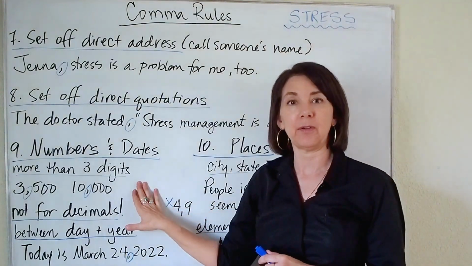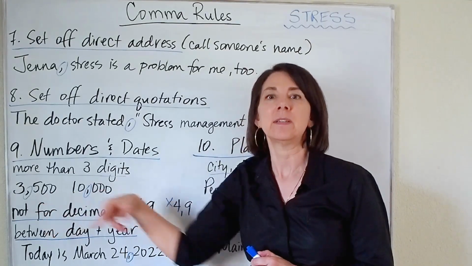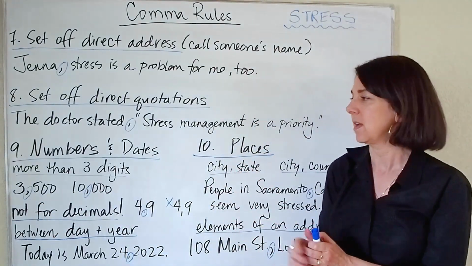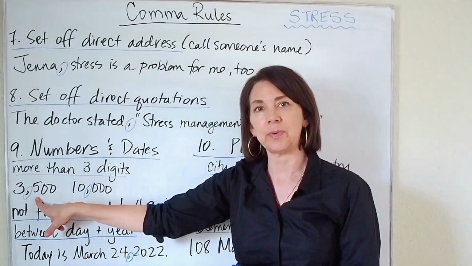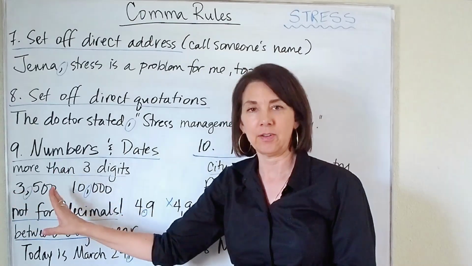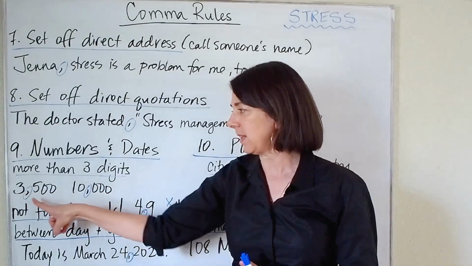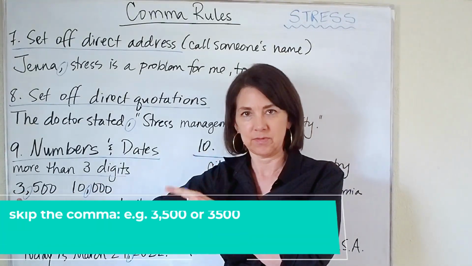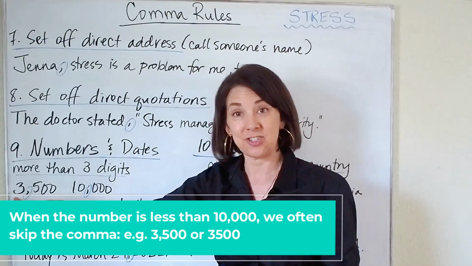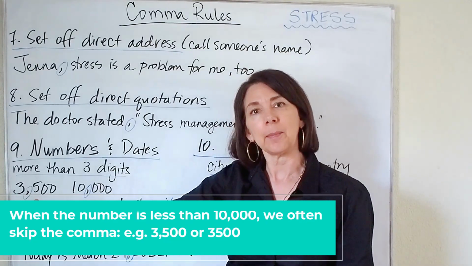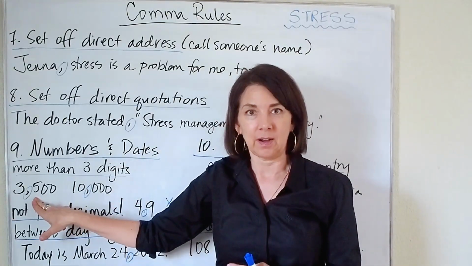Rule number 9, for numbers and dates. If you have a number of more than 3 digits, you're going to use a comma to separate those digits. For example, 3,500, you use a comma to separate the 1,000 and 100 place. However, I have to tell you that with a number like this, where there's just one digit here, for example 1,000, 2,000, 3,000, we often skip the comma, but according to the more formal rules, we are going to use a comma there.